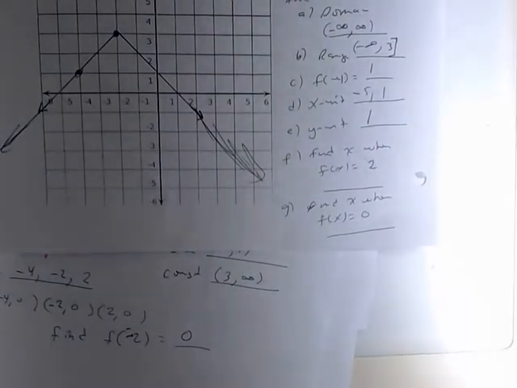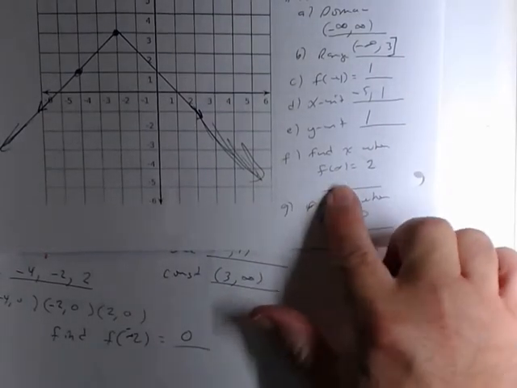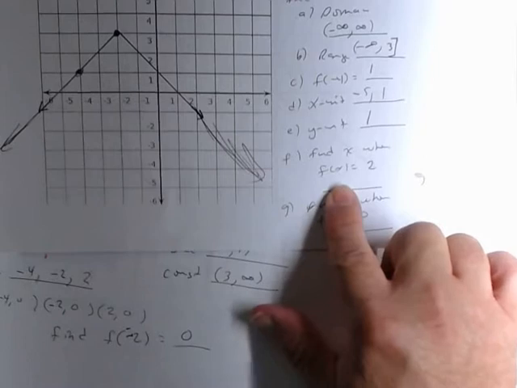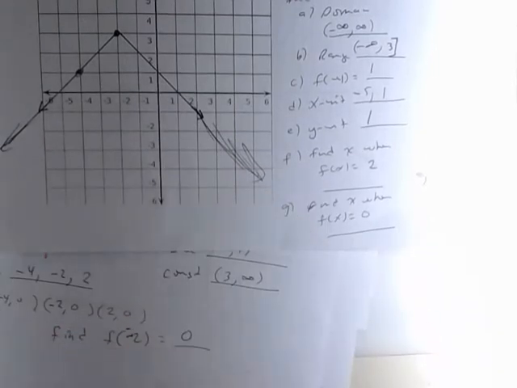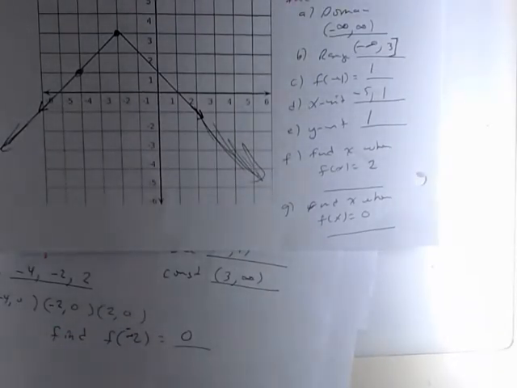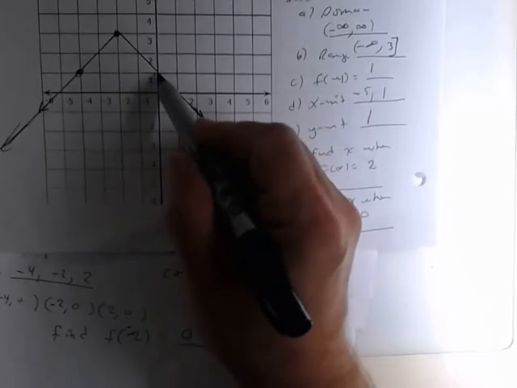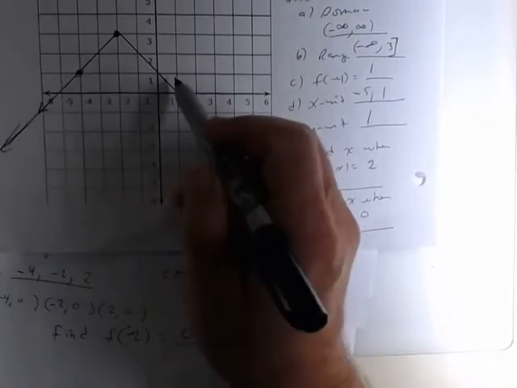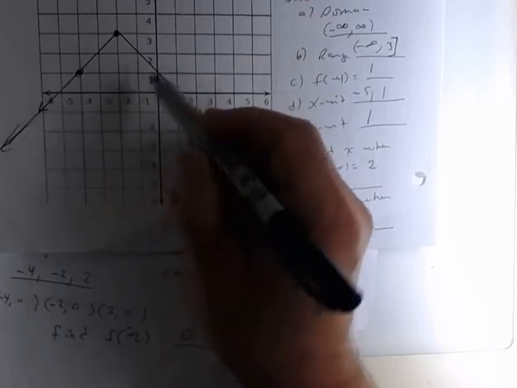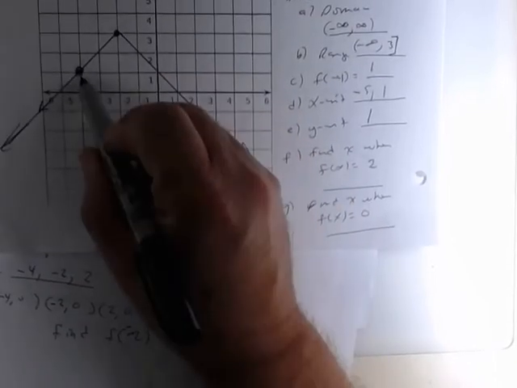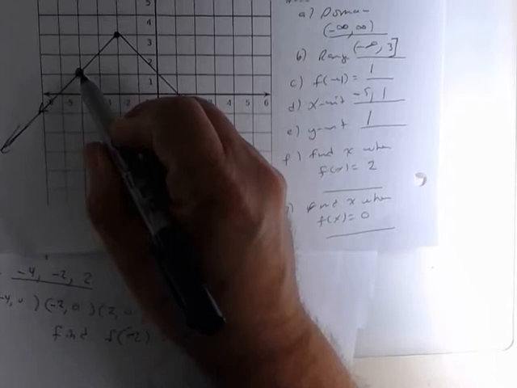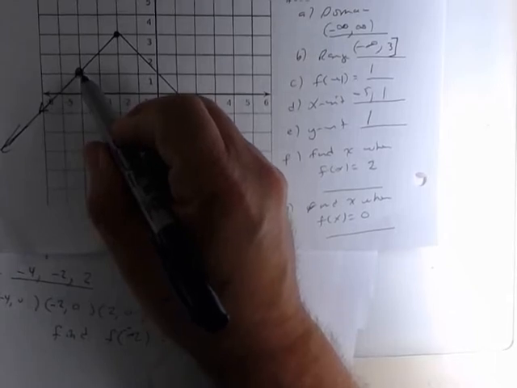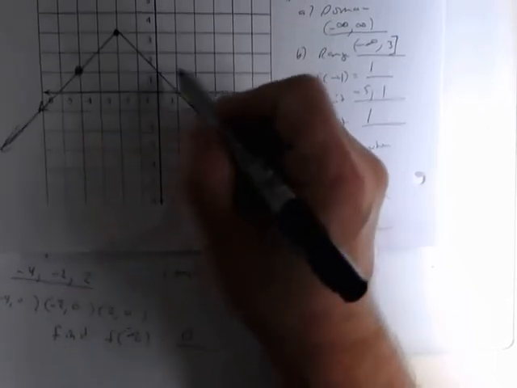Look, when y is 2, correct? So look, always go along your y-axis and find out where y is 2. Y'all agree y is 2 here, right? How many points on that graph do I have y is 2? 2 of them. Here, what's that y value? 2.